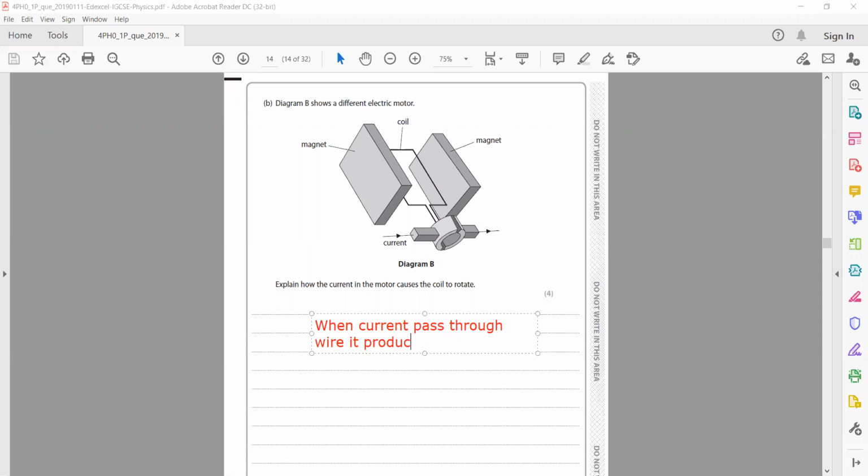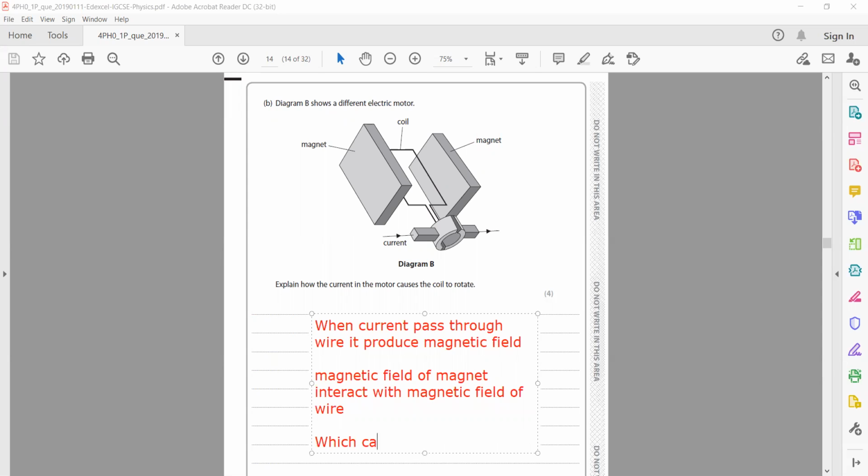The magnetic field of the magnet interacts with the magnetic field of the wire, which causes a force on the wire and it rotates.